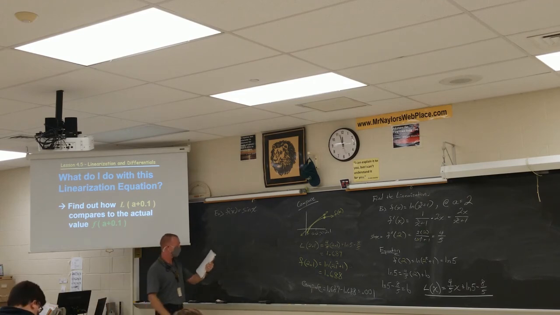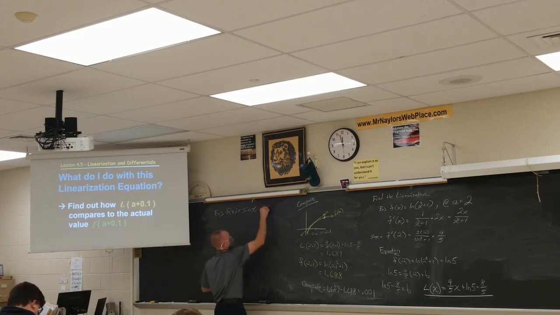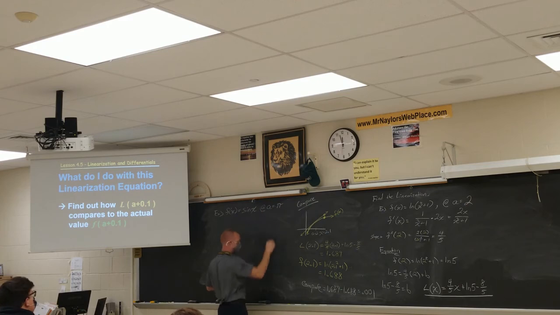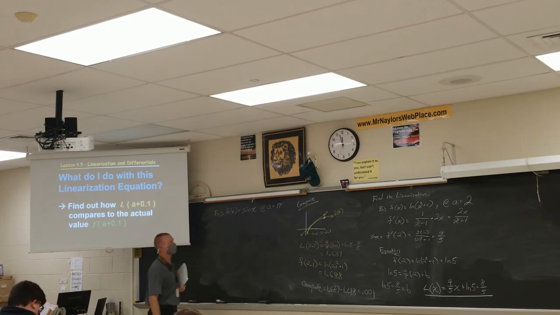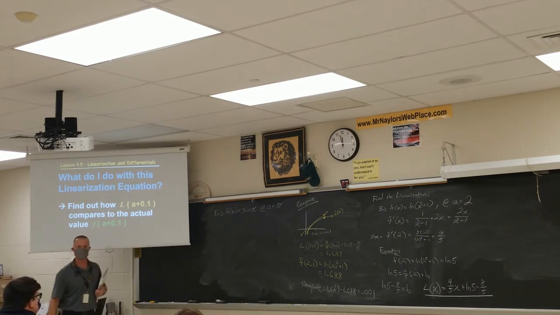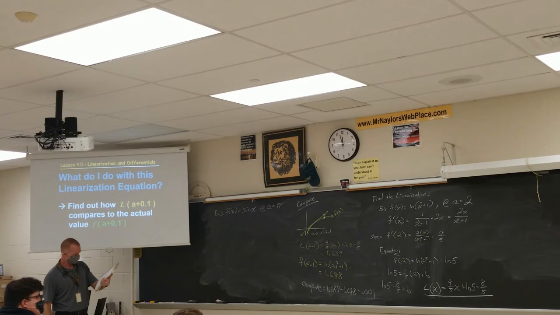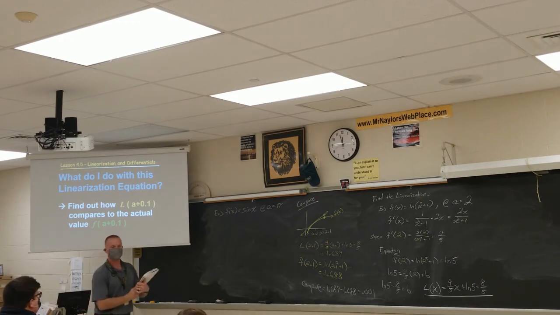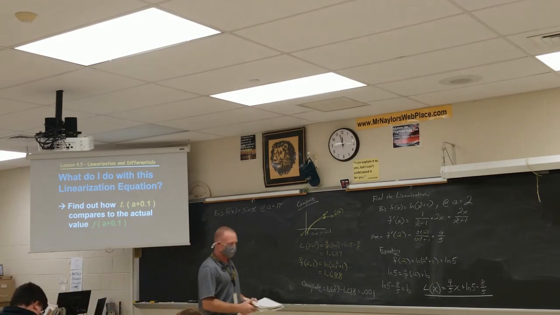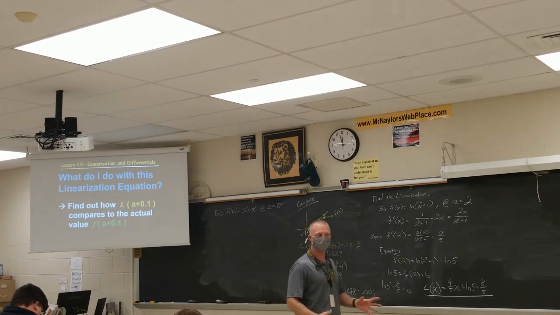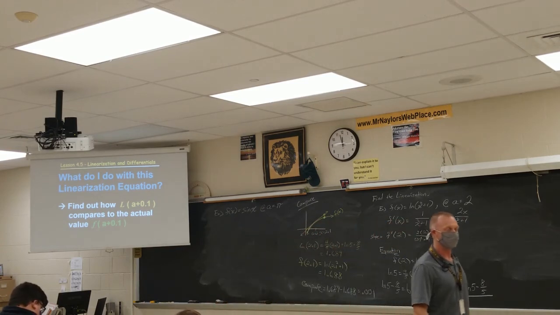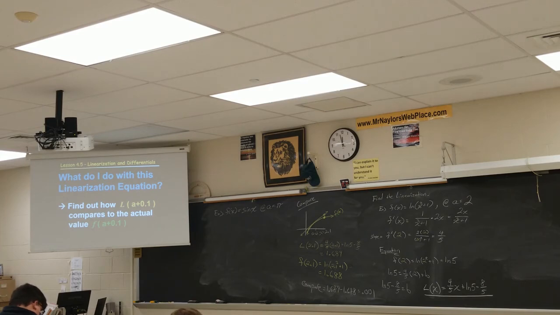So we're going to do the sine of x at a equals pi. And of course, this time you do the calculations. You actually use your calculator and see what happens with your numbers.